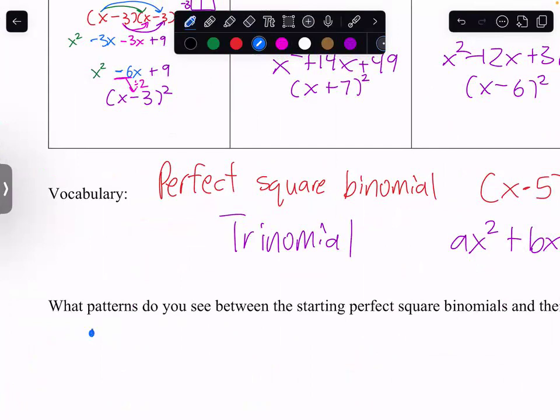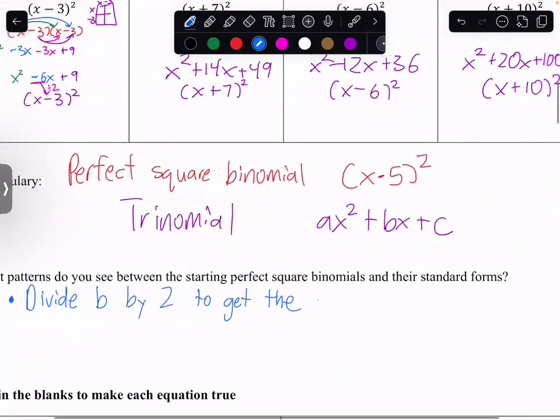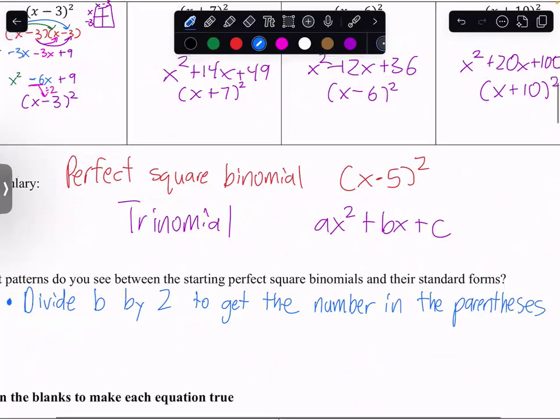Okay, so that's the first pattern. There's more than one. Okay, so that's our first pattern. And then Rubaiyat said that every problem has a squared in it, right? An exponent of 2.